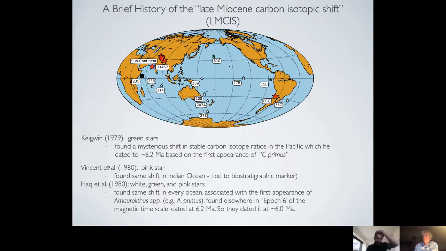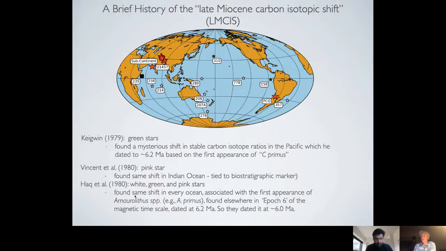A lot of people, Edith Vincent, found the same thing at the pink star, which is here in the middle of the Indian Ocean at 238, and it was tied to the same biostratigraphic marker. And then Bilal Haq et al. in 1980 compiled data from all these little stars. The little stars, not the big stars.